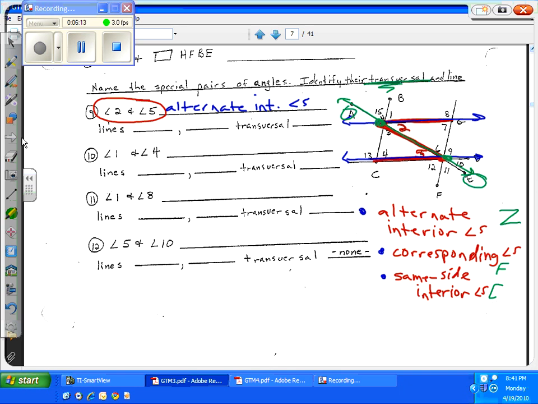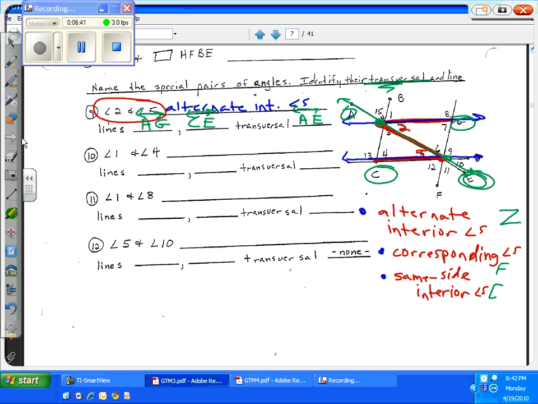It contains the point A and the point E. The lines are line AG and line CE. Any questions on number 9?